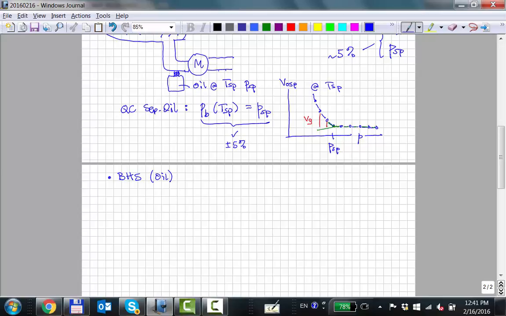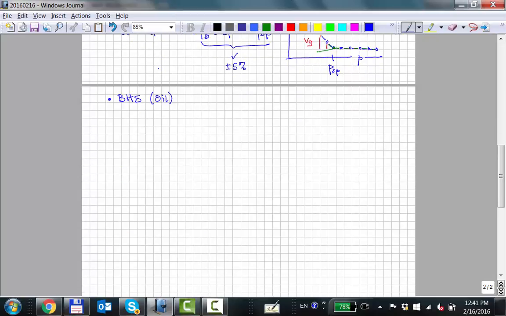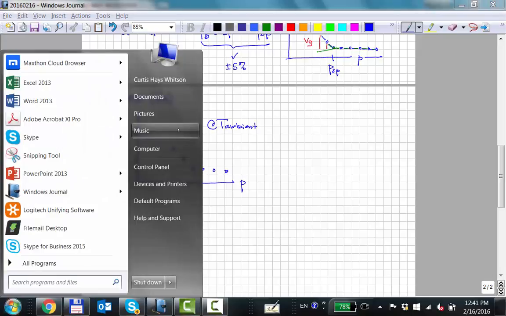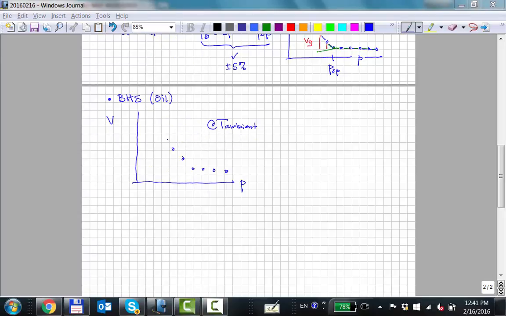In Saudi Arabia it's 140 degrees Fahrenheit, and in the North Sea it's maybe 40 degrees minus C. So they'd measure volume versus pressure at some ambient temperature, very crudely, and again it would look something like that, and then it would start jumping up like that, and you'd get this point of discontinuity.